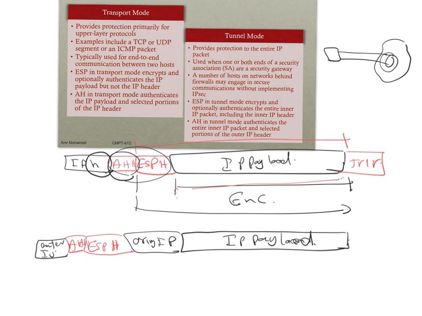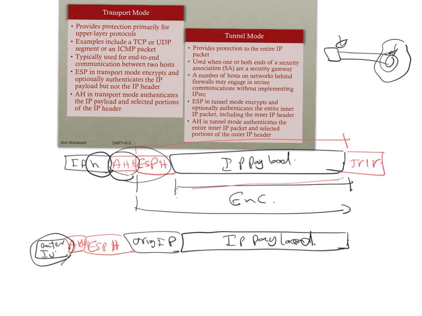This outer IP will include the start and the end of the tunnel. Clear? And this outer IP is exposed and it's used by the intermediate routers to route the message across the tunnel. So this is the tunnel mode. Is the difference between the two clear? This is the tunnel mode, yes.